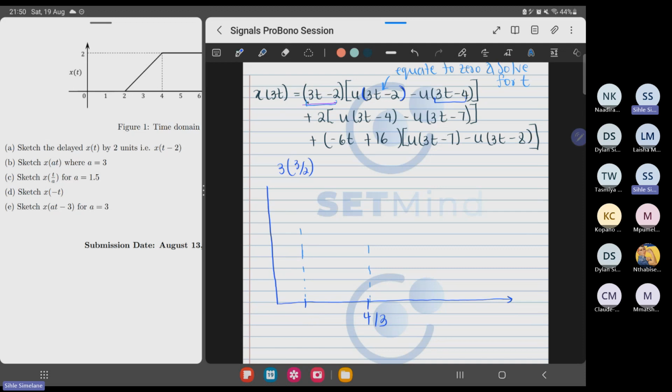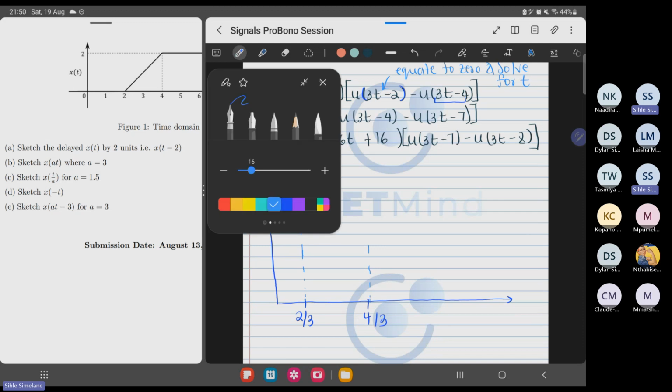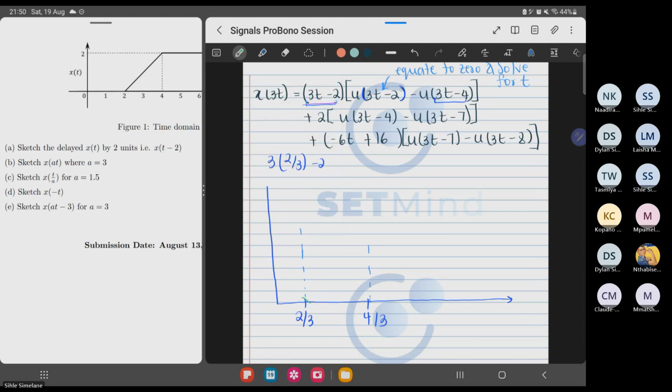If you look carefully when you solve for t there, it is 2 over 3. So when you substitute 2 over 3, you have 3 times 2 over 3 minus 2. The answer you will get is 0. So meaning your function is exactly at 0 at the lower boundary.